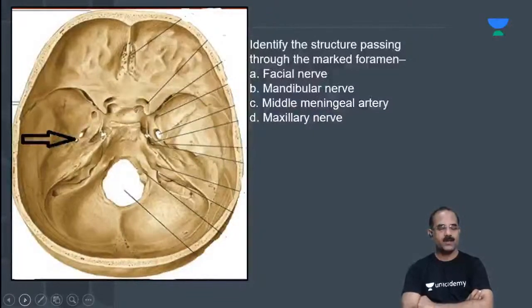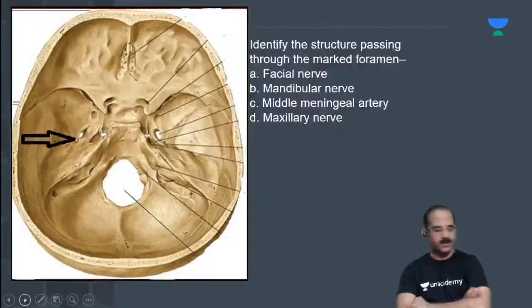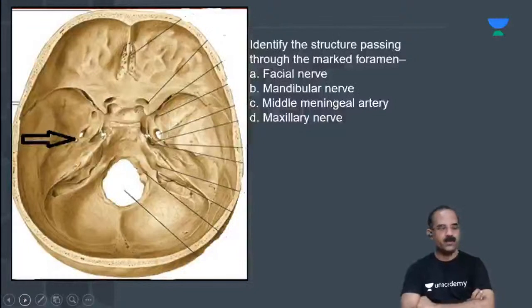Identify the structure passing through the marked foramen. The marked foramen is foramen spinosum. Very good. The marked foramen is foramen spinosum.